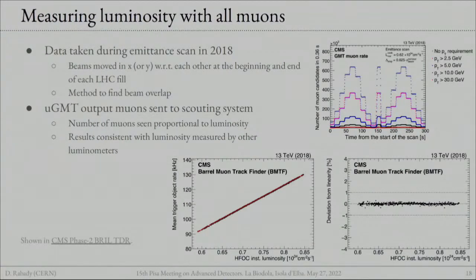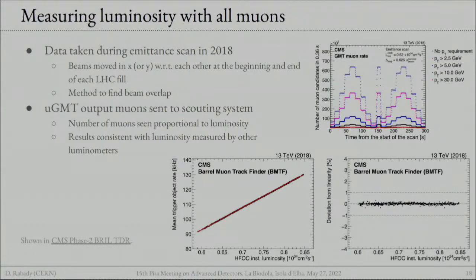Okay, some examples of what we've done with this demonstrator system. At the end of 2018, we were already taking muon data, and this was taken during a so-called emittance scan. Here, the LHC moves the beams either in X or Y axis towards each other, which of course modulates the luminosity.